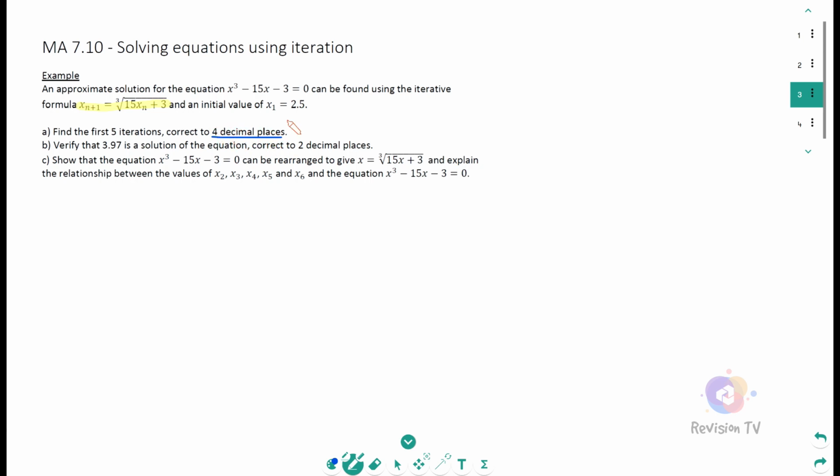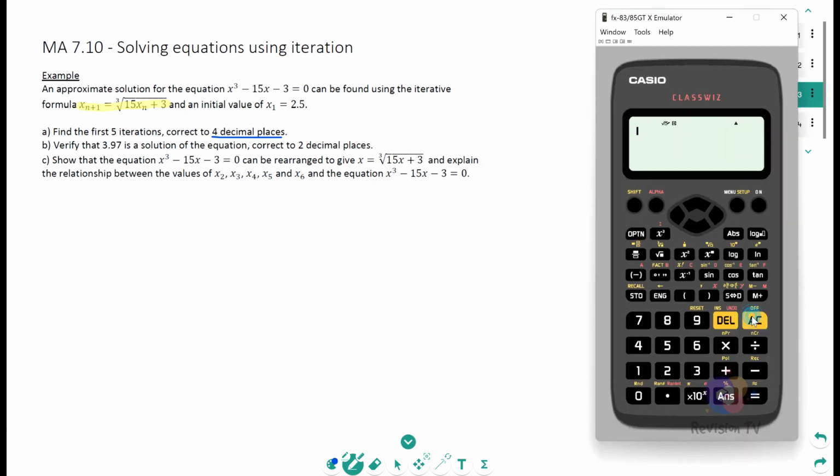Well, how do we do it? Well, calculator. So first of all, press AC. Now, some people do not know the difference between AC and the on button. Both clear off the page. But if you press the on button, take note of the arrow sign in here. Sorry, this is the emulator.